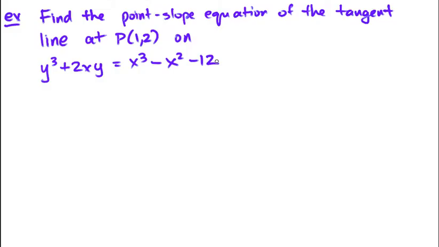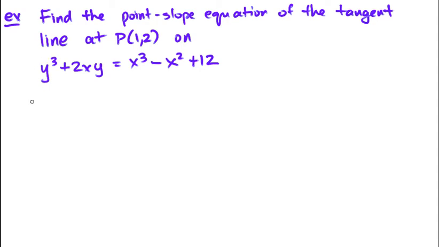Okay, and to actually find the point-slope equation, I'm going to need the point, and I have that, 1, 2, and I'm going to need the slope. Now I've made a little mistake. This is actually a positive 12 on the end here, and the graph was actually a positive 12 that I showed you with the technology. Let's go ahead and take the derivative of this with respect to x and solve for the slope, which is y prime.